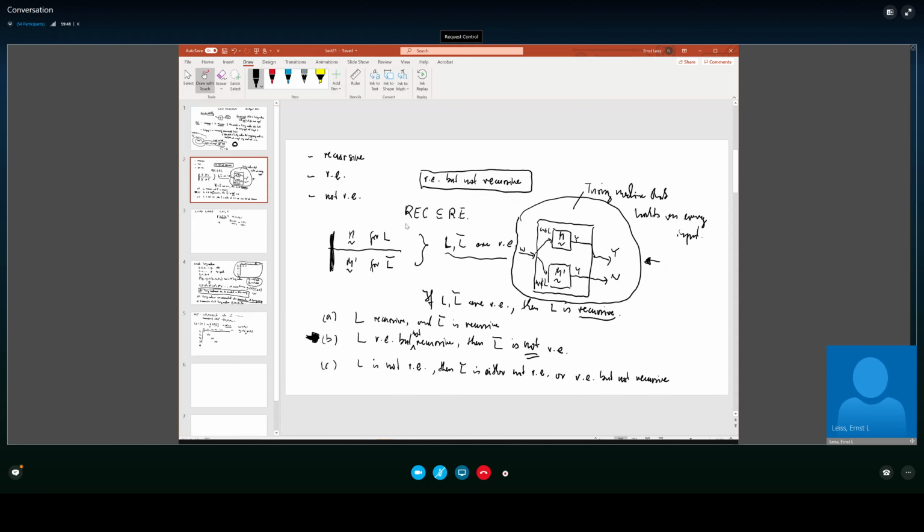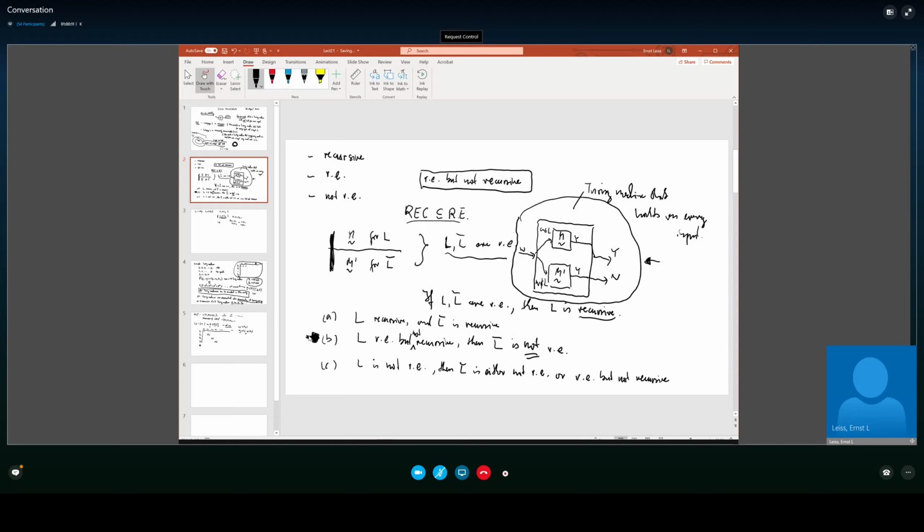Yeah, recursive is a subset of recursively enumerable. And so we had this case, RE but not recursive, then the complement is not RE. And of course, it wasn't clear that such a language exists.